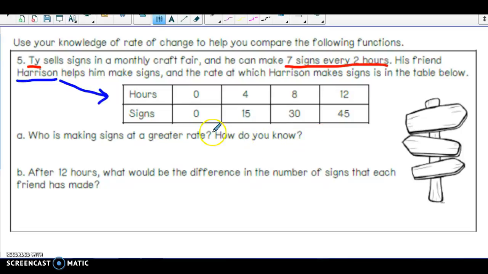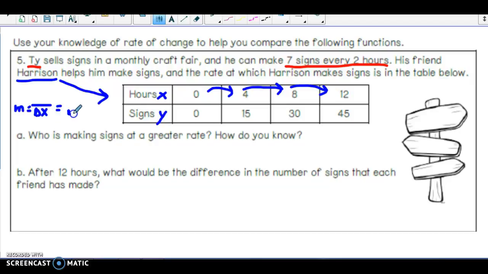The best way to work on a problem like this is to get the values organized according to maybe x and y, since that's what we typically use when we talk about rate of change or slope. So if these are your x values, you can see, at least for Harrison, that there is a consistent change in x. So for our value for Harrison, we'll make a little note that our change in x, which goes on the bottom of our fraction, looks to be a positive 4.